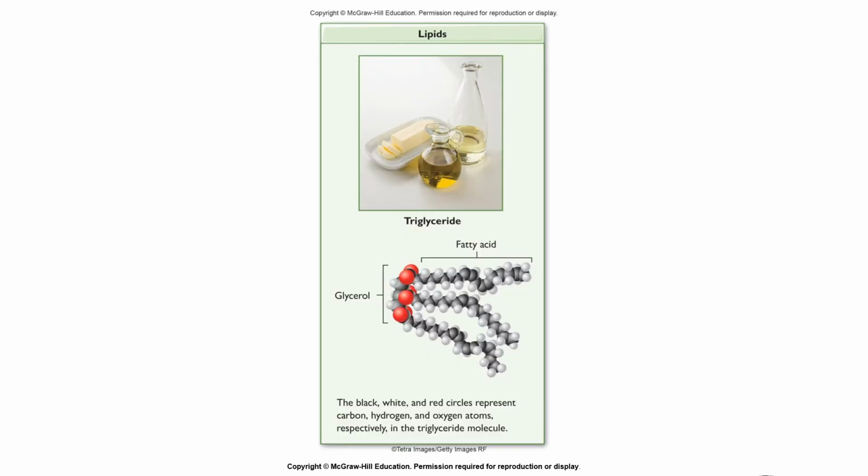What do they look like from a chemist's point of view? Well, they have this glycerol molecule. This is almost half of a glucose molecule. I tend to think of it as the glue or the backbone that holds 3 separate fatty acids together.